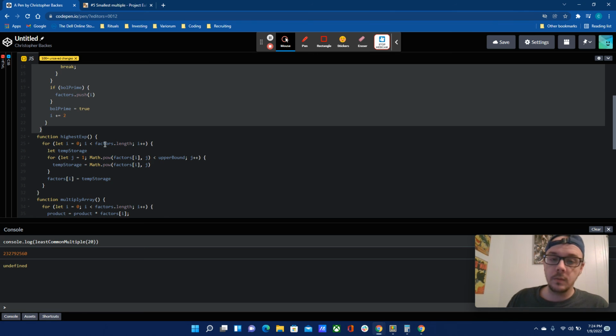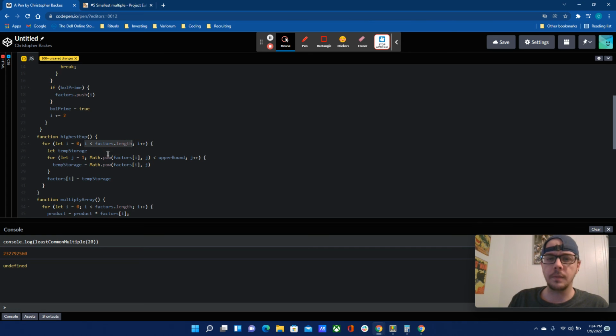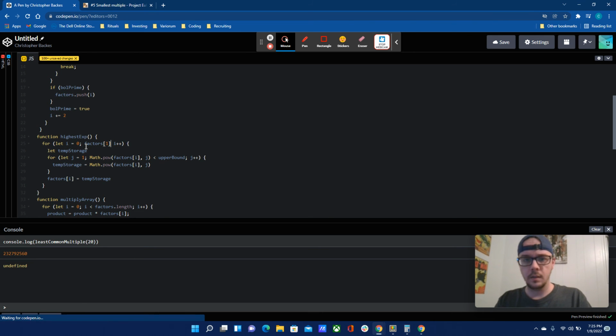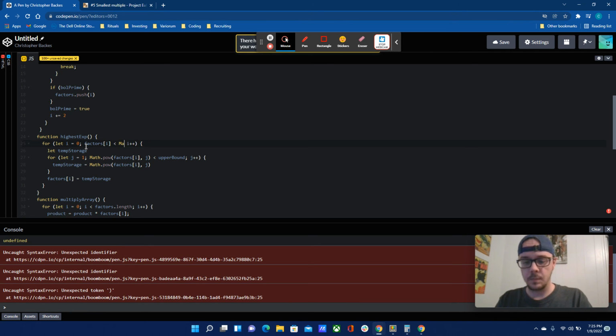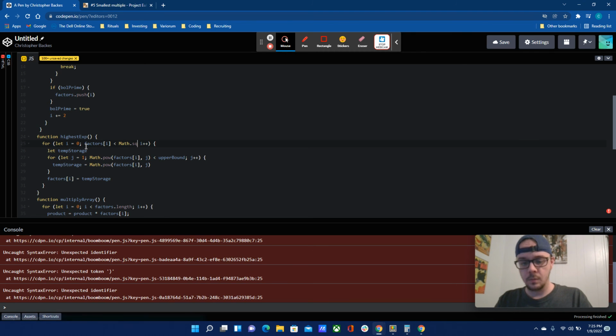There's a way to cut this down, frankly. Instead of having it like this, you could do factors[i] is less than the square root of the upper bound. I think this should return the same result.